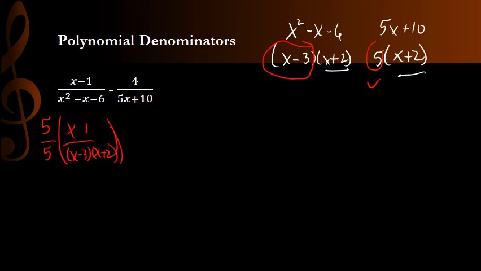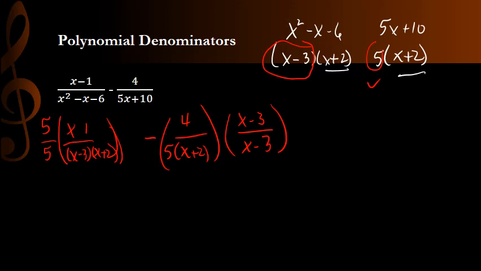And let's go over here on the right-hand side. I'm missing the x minus 3. So I've got 4 over, and again, using my factored version, 5 times x plus 2. And we're going to multiply that by 1, or stated another way, x minus 3 over x minus 3.